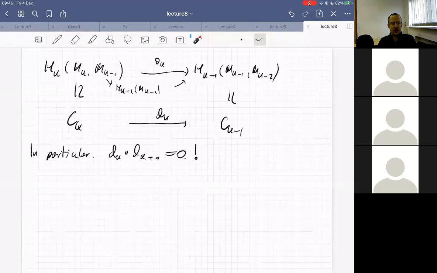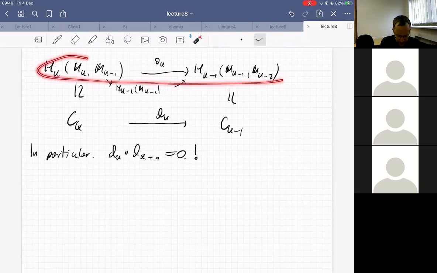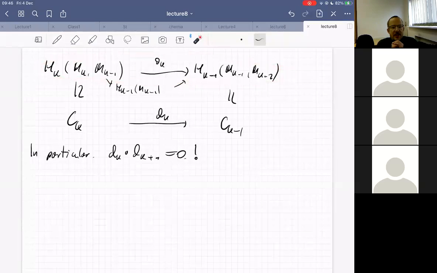And now we have the chain complex of maps, and we want to show that the homology of this chain complex is the homology of the manifold. And now this is technically maybe the easy part, but conceptually it requires more knowledge. So are you familiar with the Mayer-Vietoris sequence?